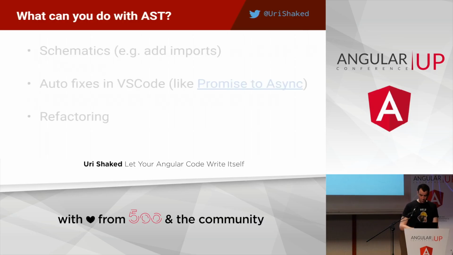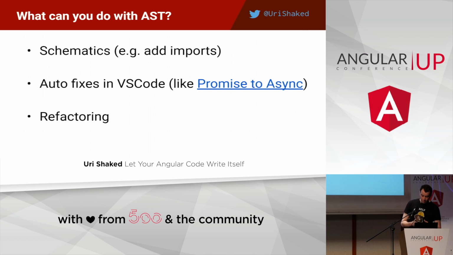So when you get familiar with the AST, you can write your own schematics really easily, like adding the imports needed for your module or whatever, like the Material schematics just did. You can also create auto-fixes for Visual Studio Code.